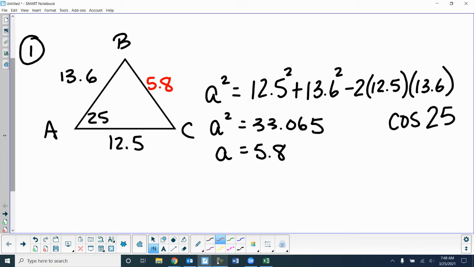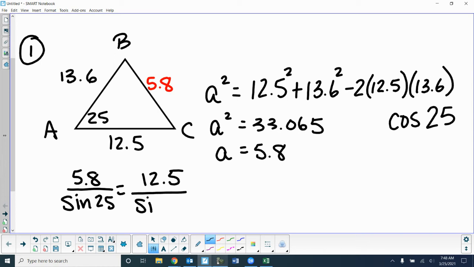Okay? So we're going to do 5.8, what we just figured out, over the sine of angle A, which was 25, equals side B, which is 12.5, over the sine of angle B. Okay? So when you solve proportions, you cross multiply.